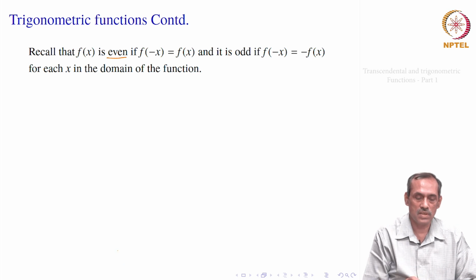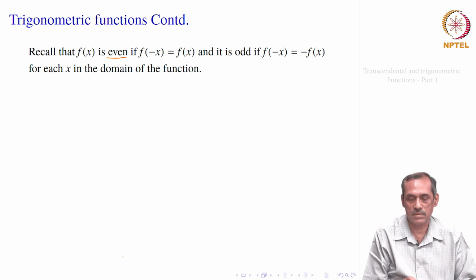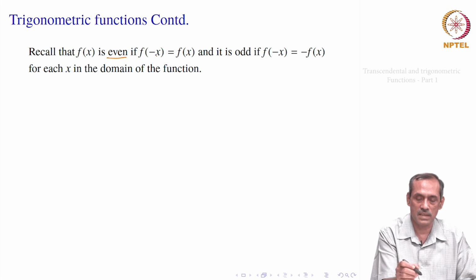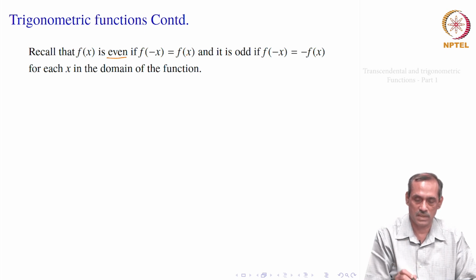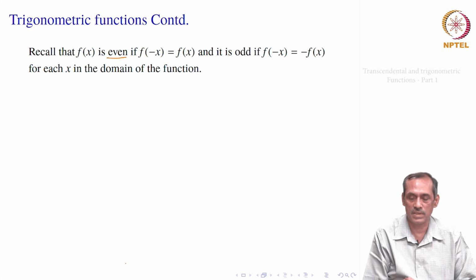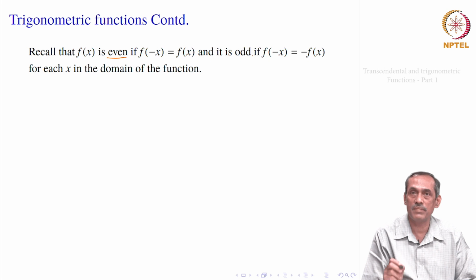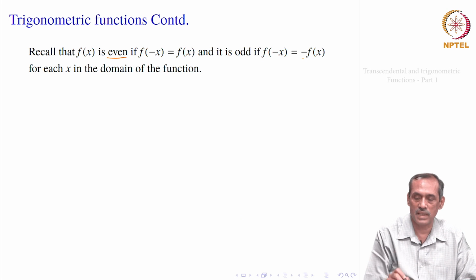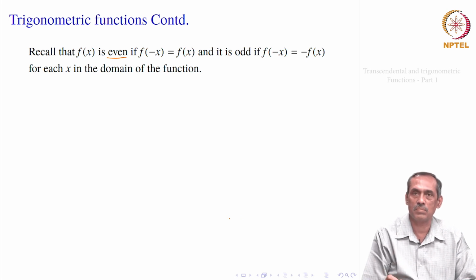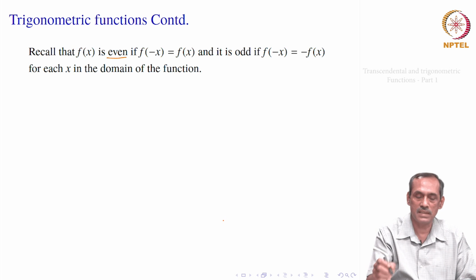So, the domain is the whole of real numbers, say in case of cos x. So, there f of minus x, that is cos of minus x equal to cos of x, that is why it is an even function. And we will say that the function is odd if f of minus x equal to minus of f of x, and you see that sin is satisfying that condition, that is sin of minus x equal to minus of sin x. So, sin is an odd function.